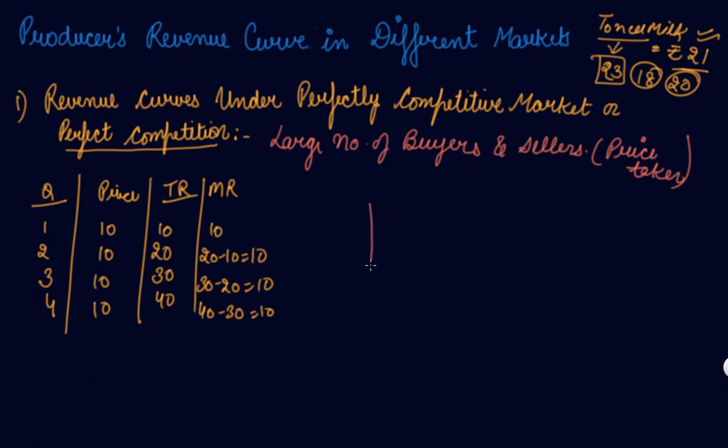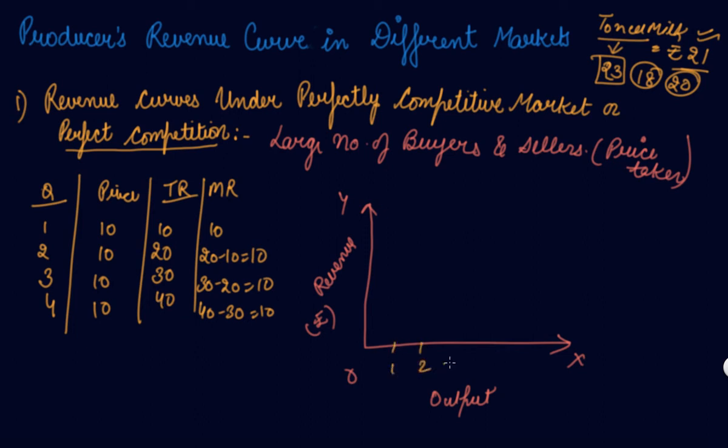Let's see it on a graph. Here you take output, and here you take your revenue in rupees. So let's take the output 1, 2, 3 and 4.